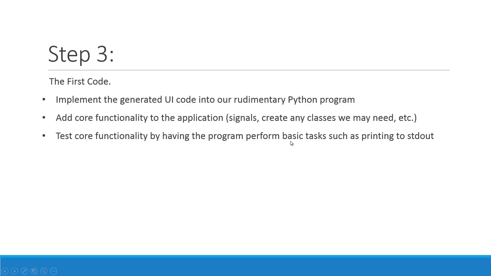We'll also add the basic task code to our different threading class and test the communication between the GUI class and the threading class using the signal and slot mechanism and see if that works.